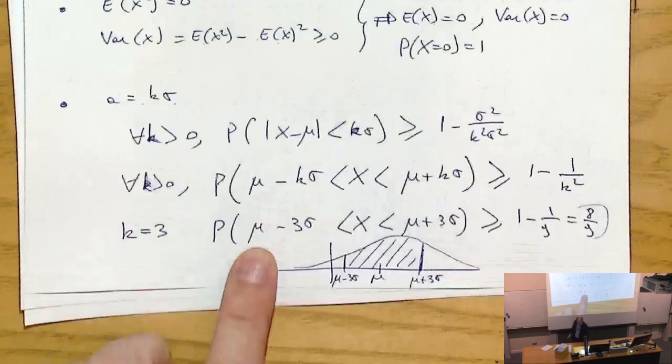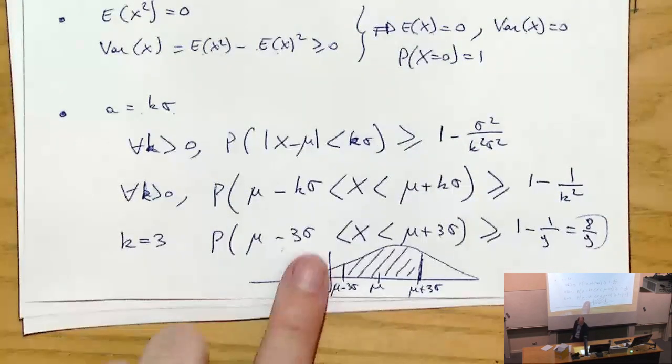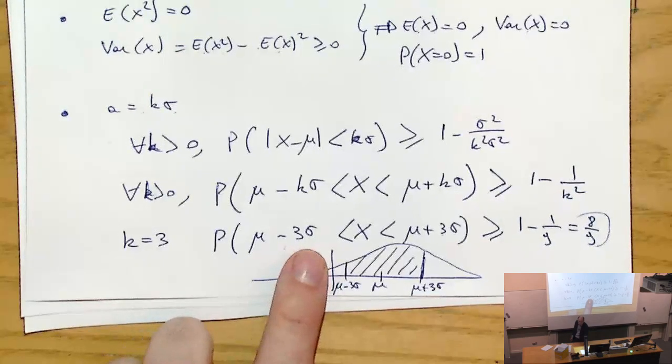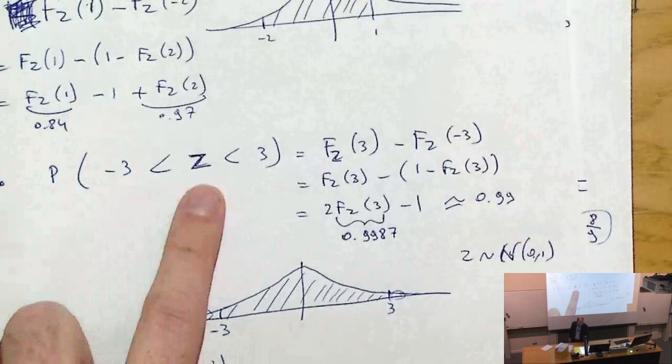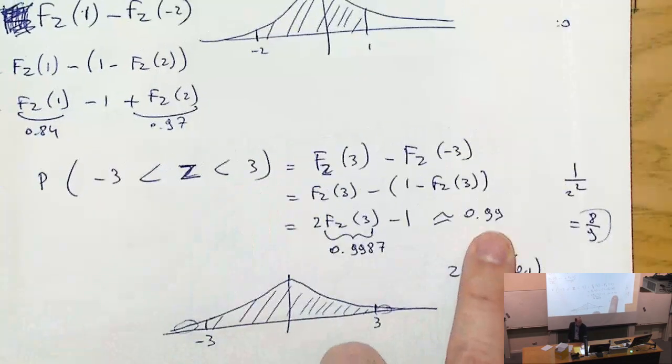When we had mu equal to 0, and we said that x was normally distributed, and sigma here is actually 1, so you had a standard normal random variable. What we did earlier on, we looked at the probability that z is between minus 3 and 3, and we showed that this is 0.99.